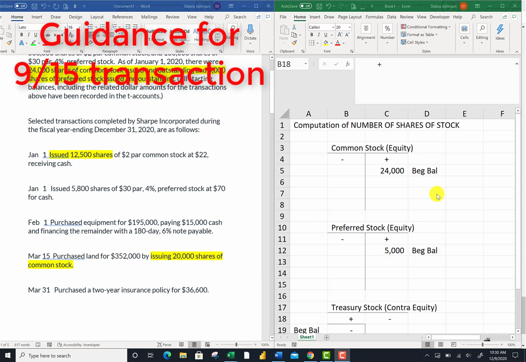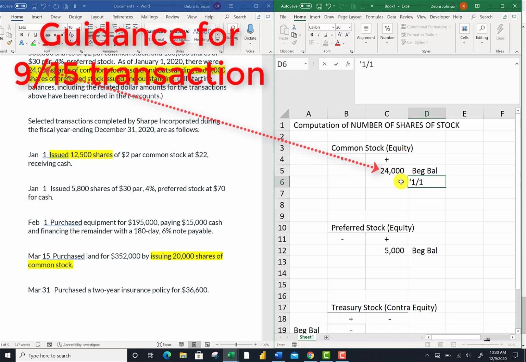Those need to be subtracted out as far as the balance goes. So on my T account, here's my beginning balance. And then on January 1st, it says we issued some more shares. So again, I'm not concerned right now about dollar amounts. I'm concerned about the number of shares. So my common stock on January 1st went up by 12,500 shares.